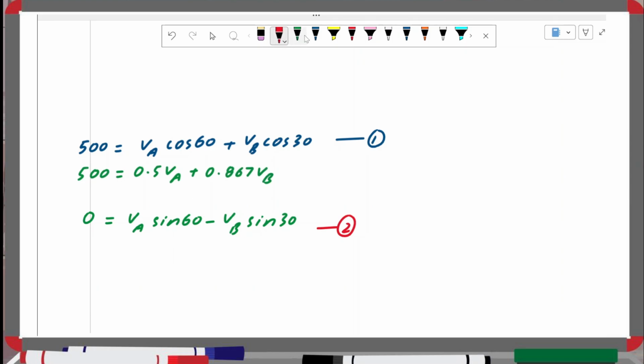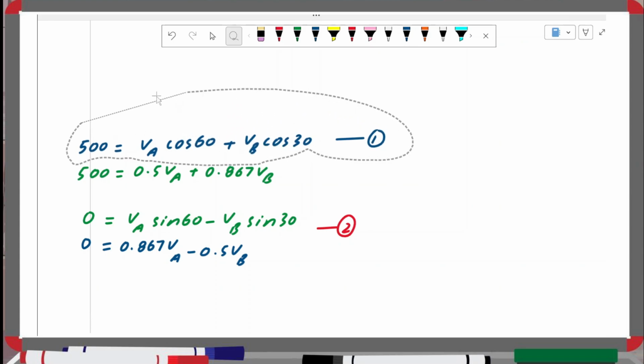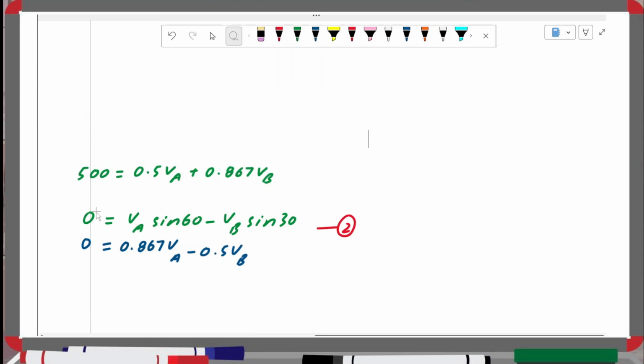Likewise, I can insert the values in the second equation also. Sin 60 is 0.867 VA minus 0.5 VB. So these are now the simplest equations that we have. I'll erase the extra ones. Once again, if you want to take a screenshot, you can.